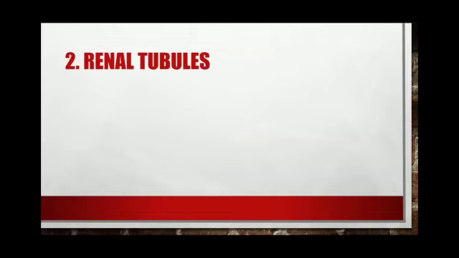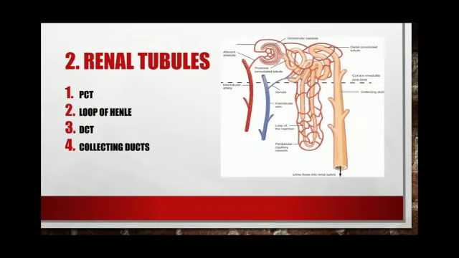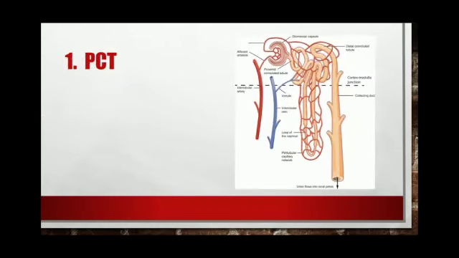Renal tubules. The renal tubules include the proximal convoluted tubule, the loop of Henle, the distal convoluted tubule, and the collecting ducts. The proximal convoluted tubule starts from the Bowman's capsule and extends up to the loop of Henle.